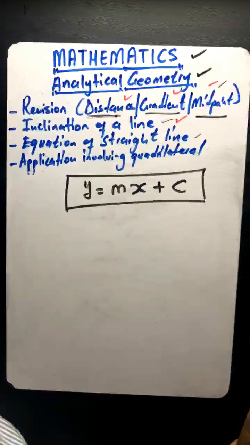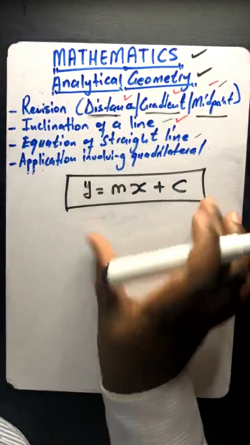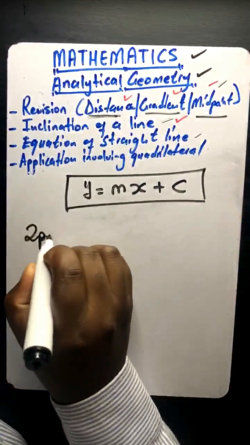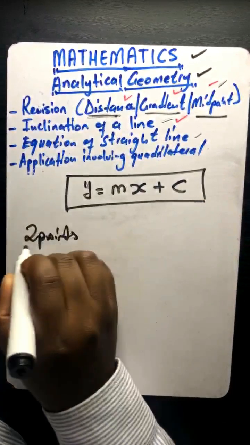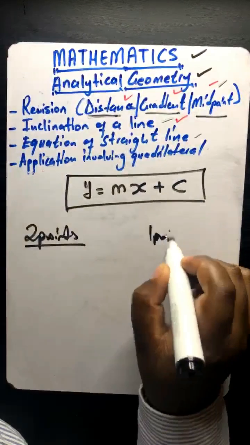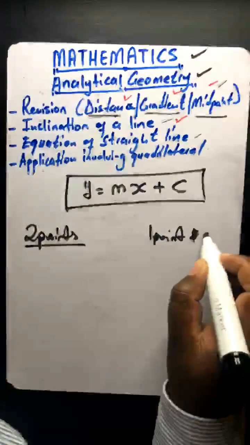Analytical geometry is a game of two things. In this case, either you are given 2 points, or 1 point and the gradient.